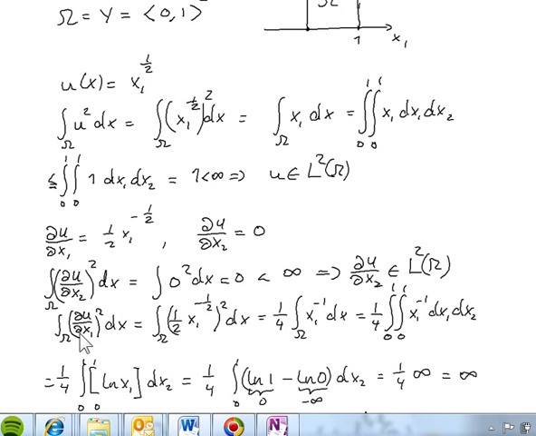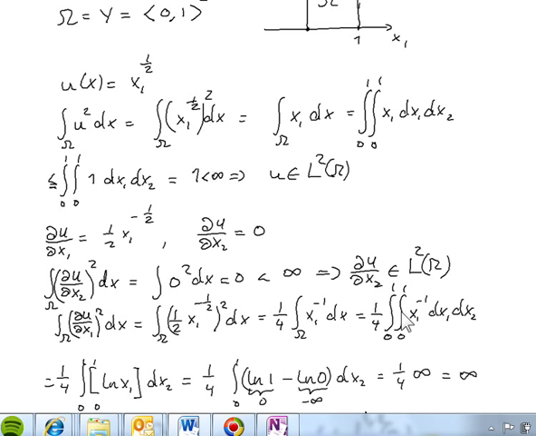But now check the other partial derivative. The integral of the square of the partial derivative of u with respect to x1 is equal to this. And when we are squaring this, we obtain x1 to the power minus 1. And this integral is equal to this double integral.